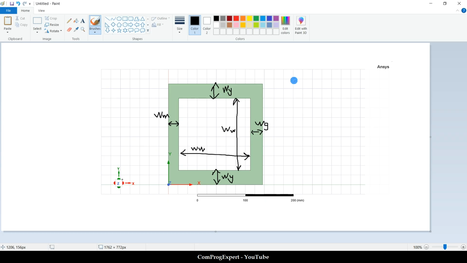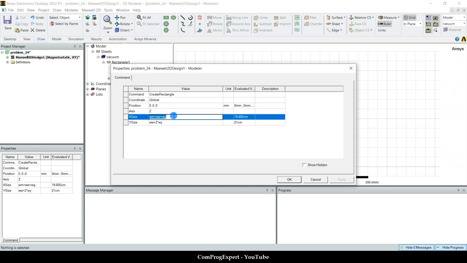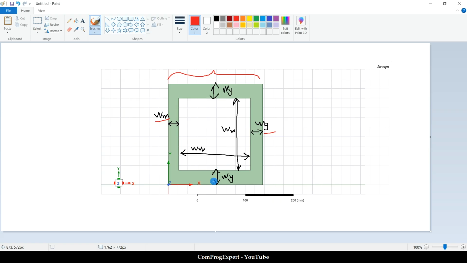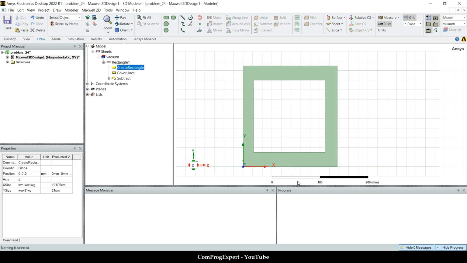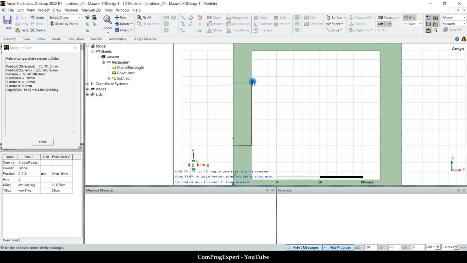Okay, so the width of the outer rectangle is width of the window plus width of the magnet plus width of the gap. And the height of the outer rectangle is width of the window plus 2 times width of the yoke. So now I can generate the geometry of the magnet here.